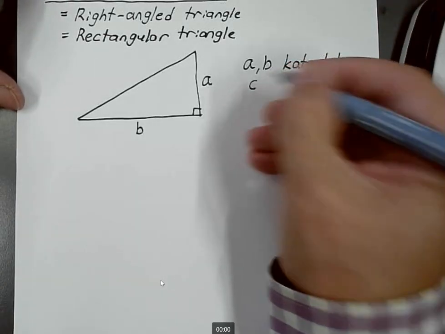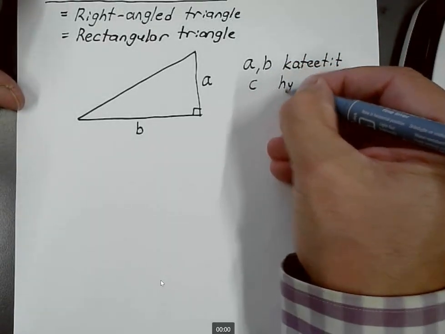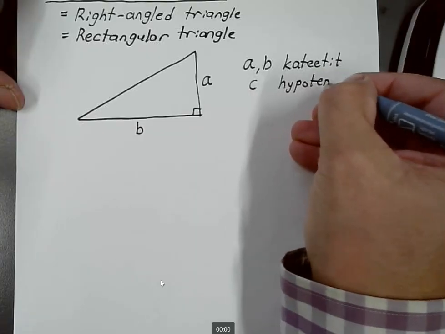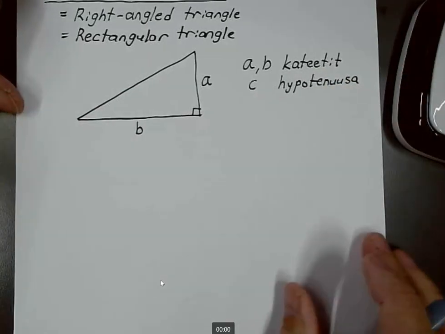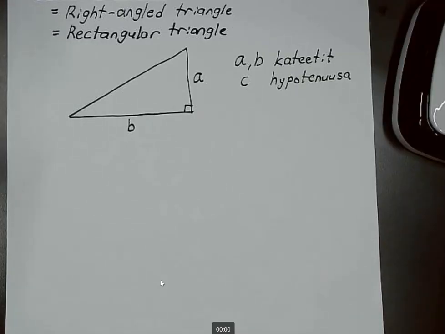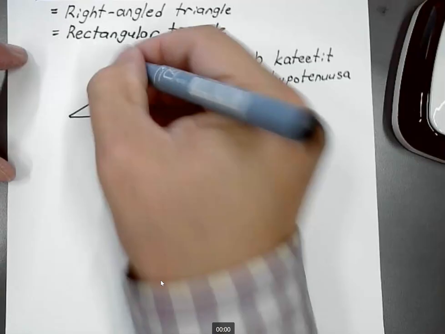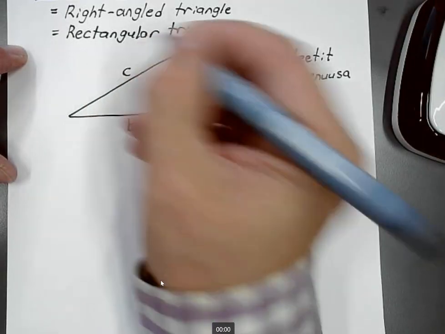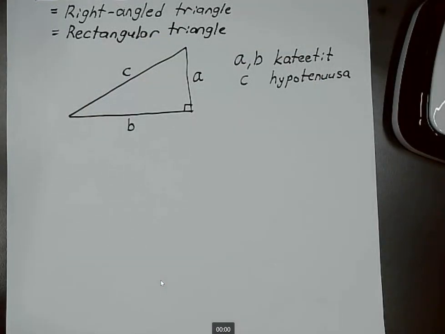And C is in Finnish called hypotenuusa. I think those names come from Greek language, if I'm correct, and it is the longest side in this triangle.